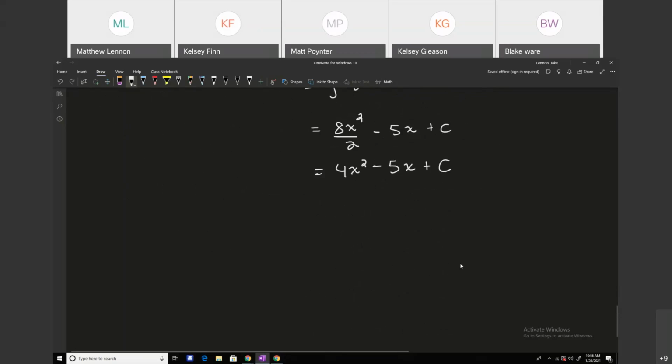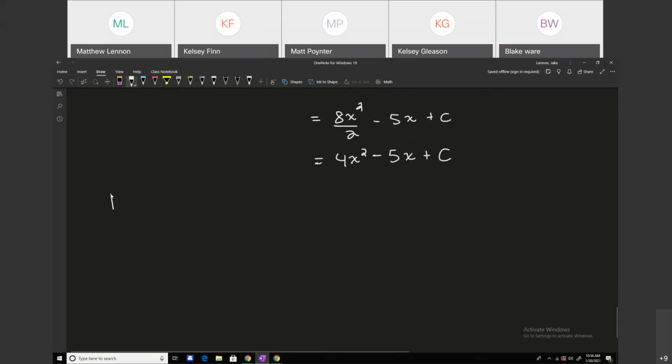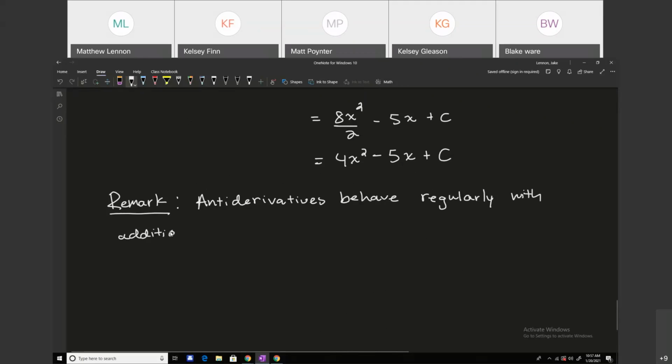So let's just remark that about the addition and subtraction. Antiderivatives behave well, or behave regularly, with addition and subtraction.